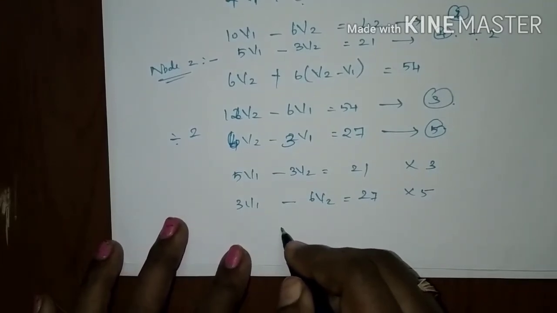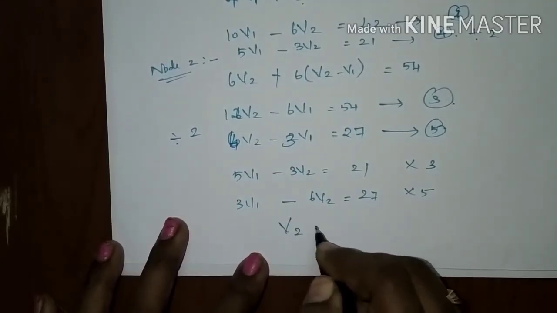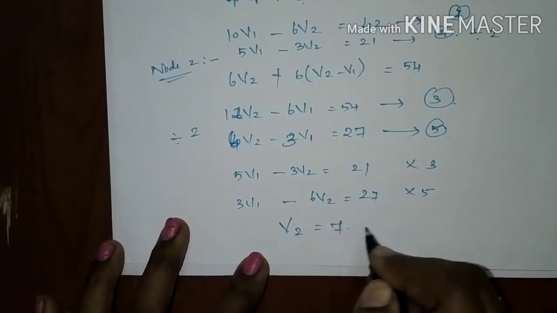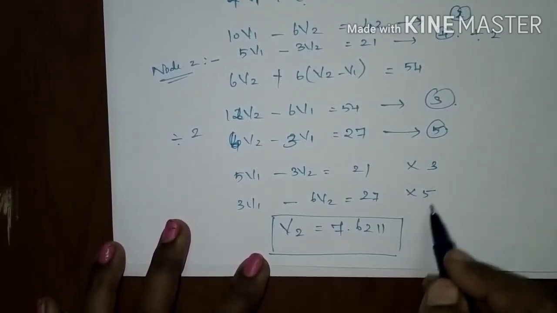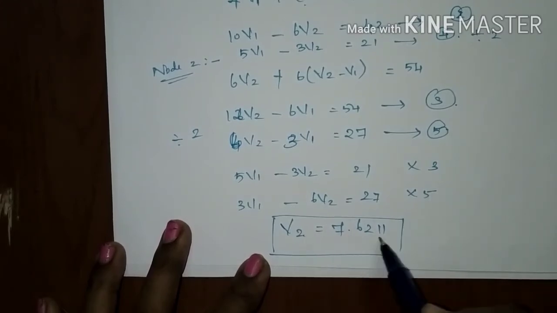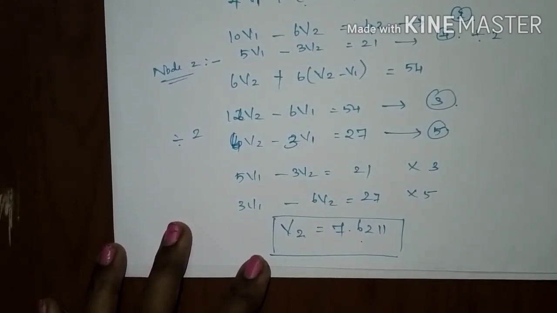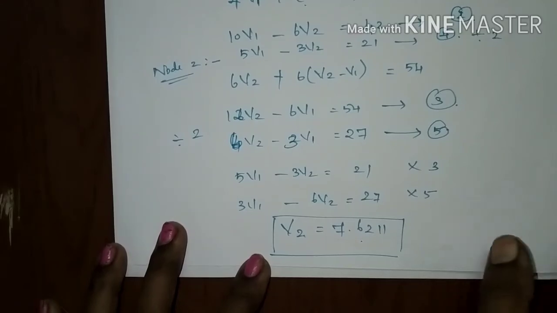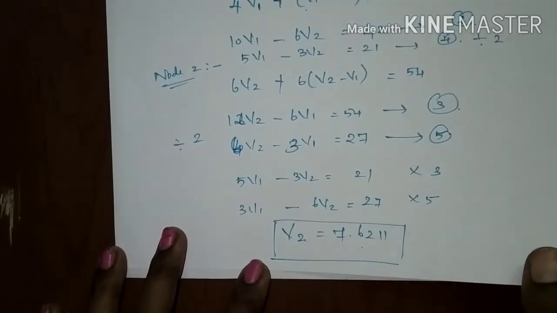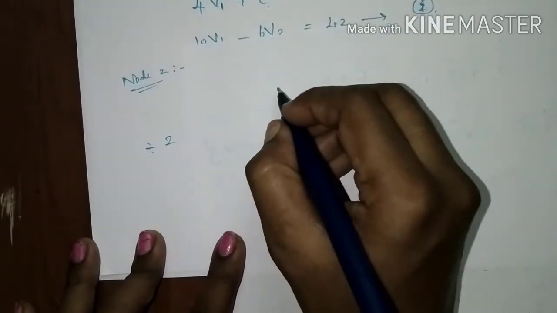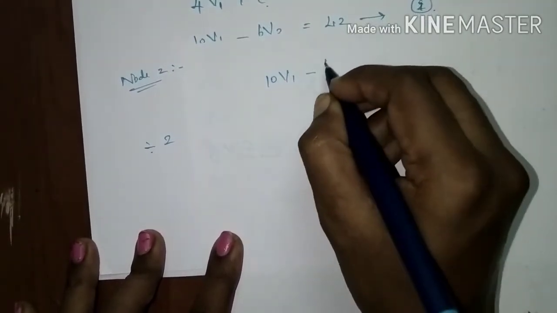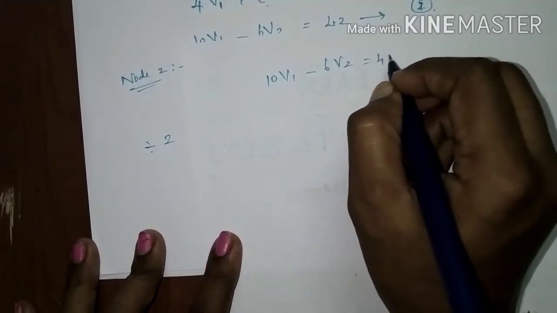So, for that we will get the value of V2. After doing such calculation, you will get the value of V2 as 7.6211. Substitute this V2 value in any one of the equations. So, for V1, 10 V1 minus 6 V2 is equal to 42.